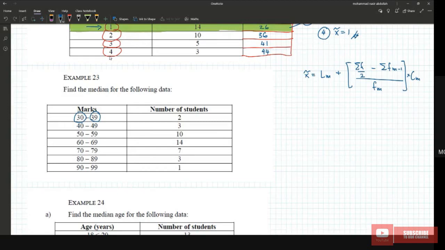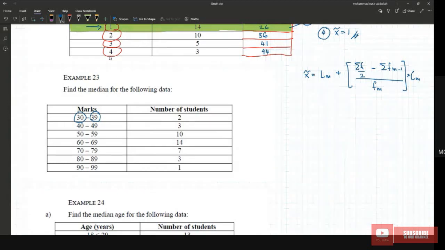So now we need to convert the interval to a class boundary. This one is going to be 29.5 to 39.5.